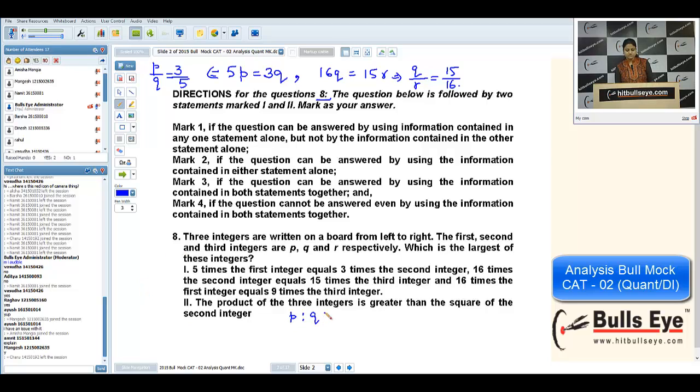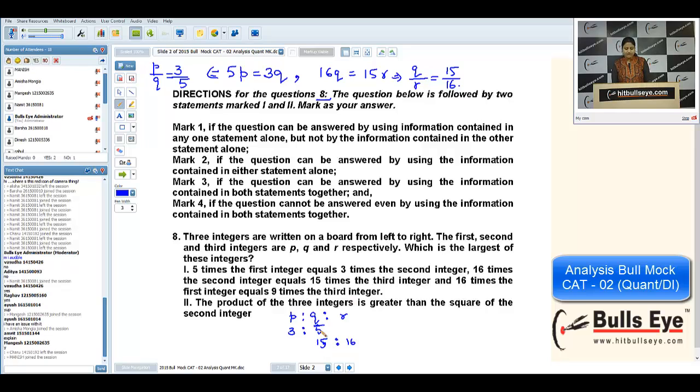P is to q is to r. Because that is a comparison question, we want to calculate which is the largest one. That's why I'm considering ratio. So I can say P is to Q is 3 is to 5 and Q is to R is 15 is to 16. Now I want to calculate the compounded ratio, the joint ratio, the combined ratio of P, Q and R.